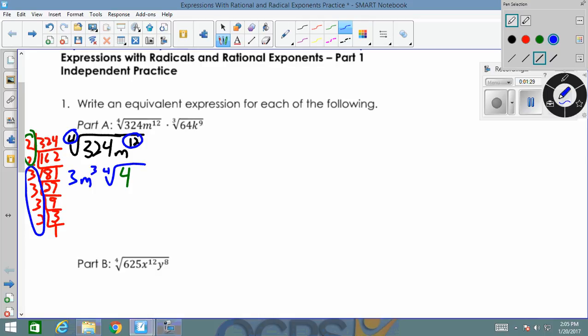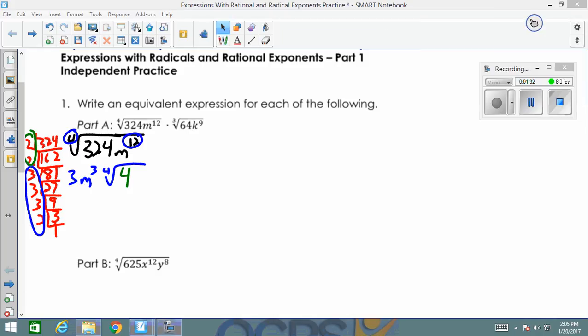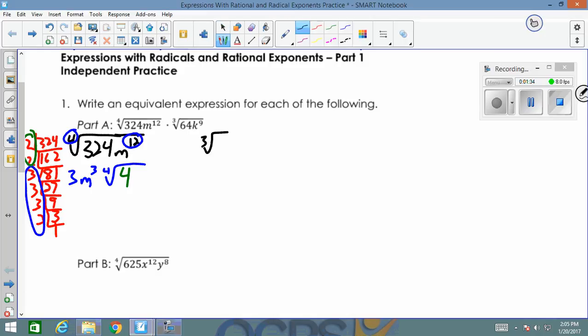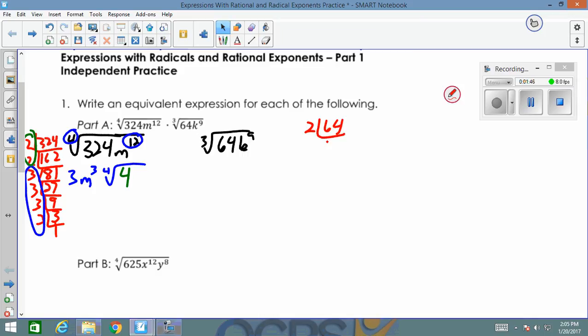So now let's do the other side. We're doing the cube root of 64, a to the 9th. Okay, so we're going to do 64. Start off with 2, it gives me 32, 16, 8, 4, 2, and 1.